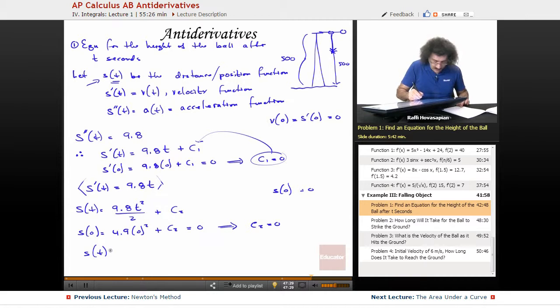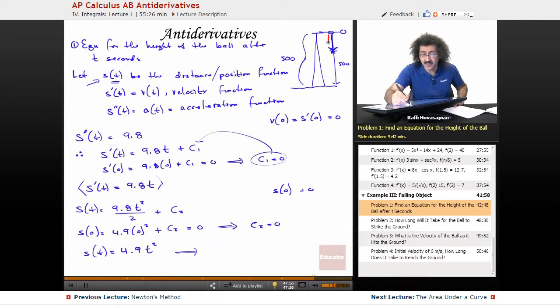Therefore, my position function, s of t, is equal to 4.9t squared. That means after t seconds, I've actually traveled 4.9 times t squared feet, meters, whatever the length is. That's this distance, shown in red.